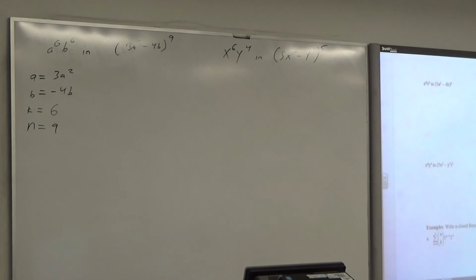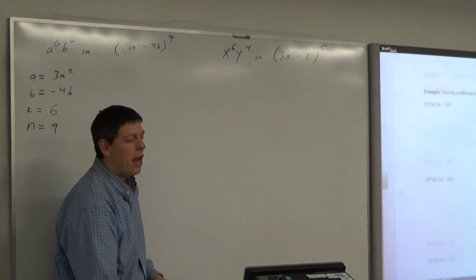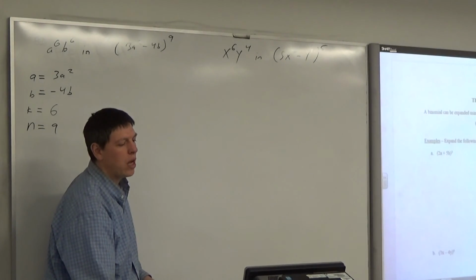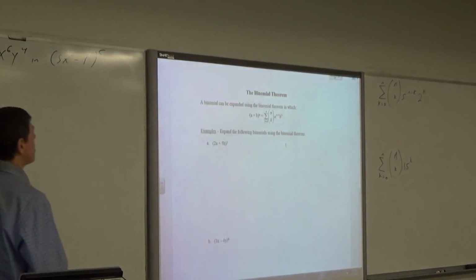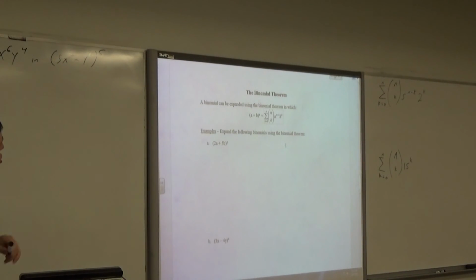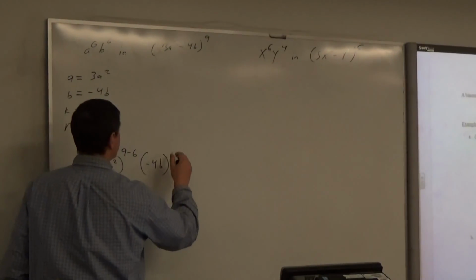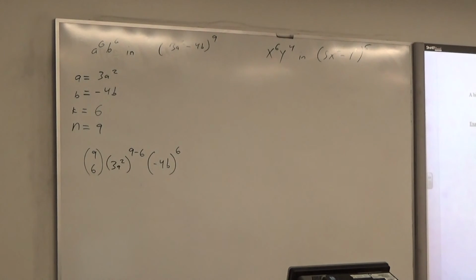Now we stick it back into the binomial formula. If you guys remember, it's at the top of the page on the other side. This is your binomial formula right here, so we're going to utilize this. We're going to say (a + b)^n is equal to n combination k, so that's going to be 9 combination 6, times a, in this case 3a squared, raised to the n minus k, or 9 minus 6, and then we're going to multiply that by b, which we said was minus 4b, this time to the kth power, 6.